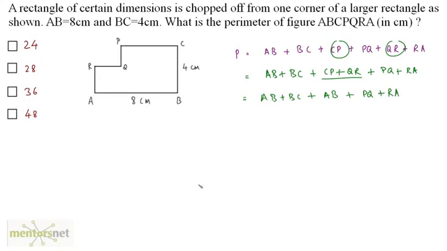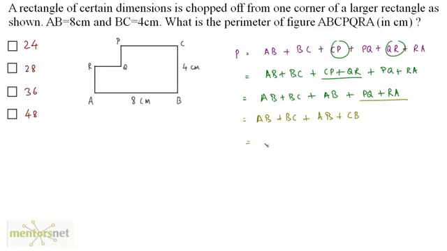Now in the same way I can write PQ plus RA as CB, because PQ plus RA is equals to CB, isn't it?